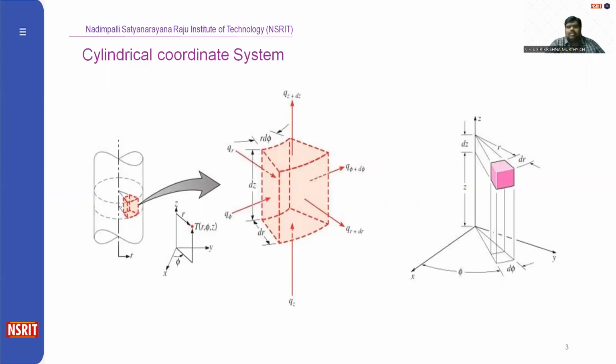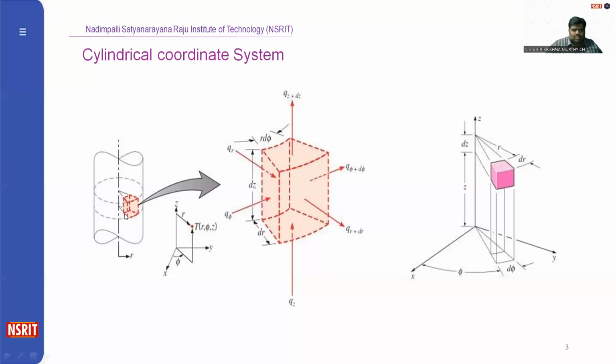In the earlier class I mentioned Cartesian means something that looks like a rectangle or a cube, having three coordinates x, y, z and axes. Whereas in cylindrical coordinates, the main criterion is the radius, that is one coordinate, the other is the z axis, and the third is called phi, which makes an angle phi with respect to the radius.